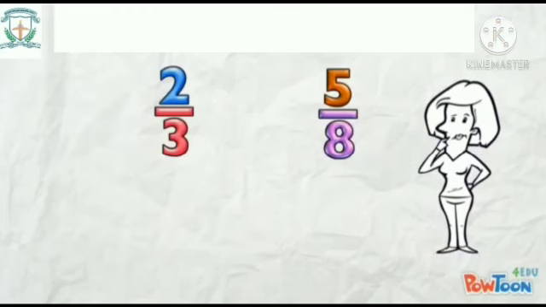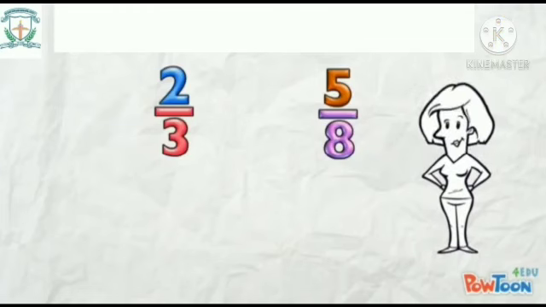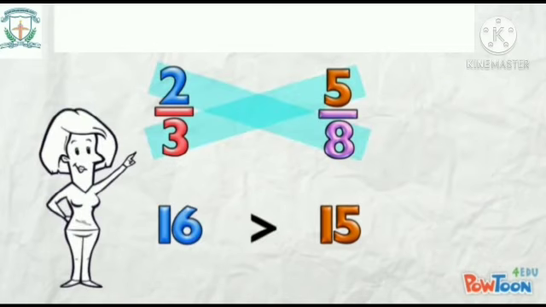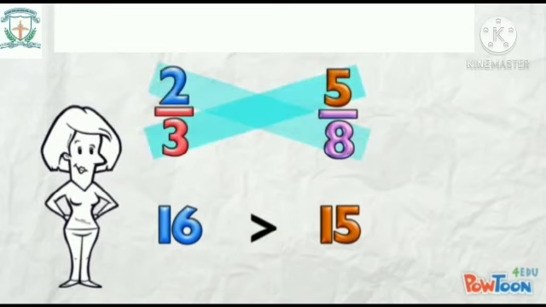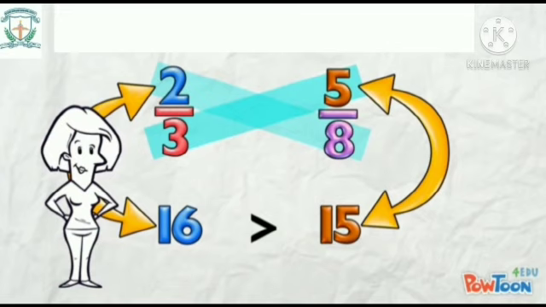Compare 2 by 3 and 5 by 8. We cross multiply the two fractions. 2 into 8 is 16 and 5 into 3 is 15. As 16 is greater than 15, 2 by 3 is greater than 5 by 8.